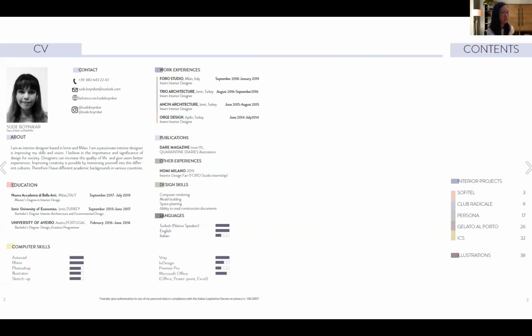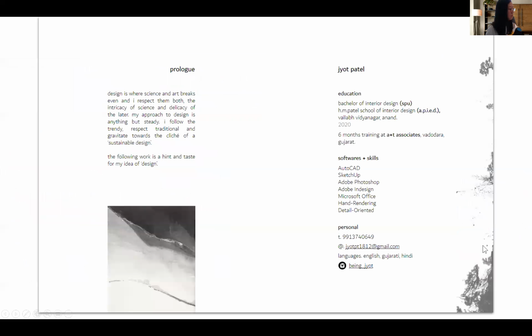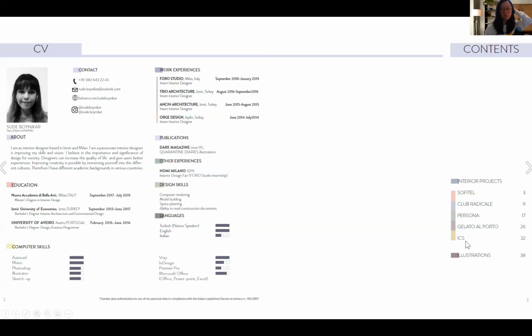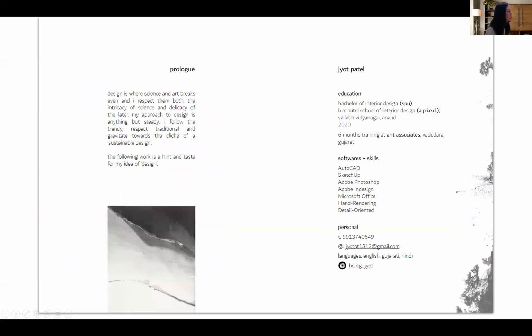I mean, this is a good example, merging two different attributes in one spread, to bring some good introduction to her portfolio. This is really a good example.